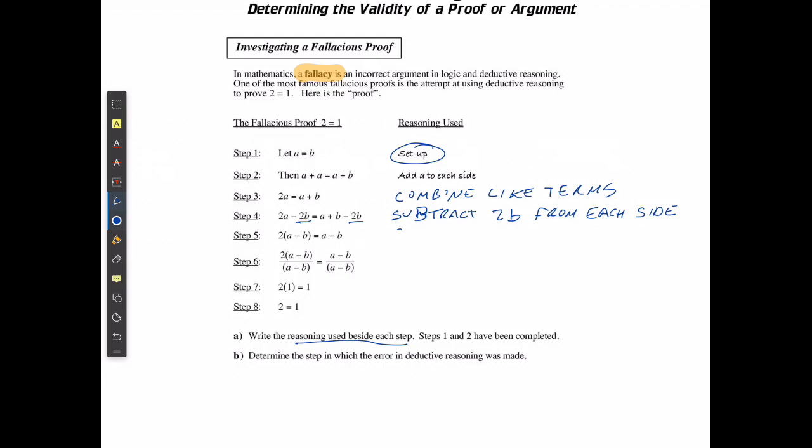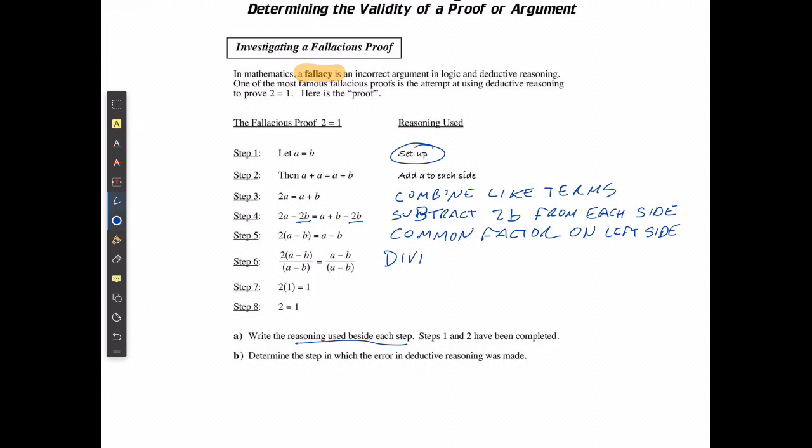They did a common factor on the left side, where if it was 2A minus 2B, they just divide both parts by 2.